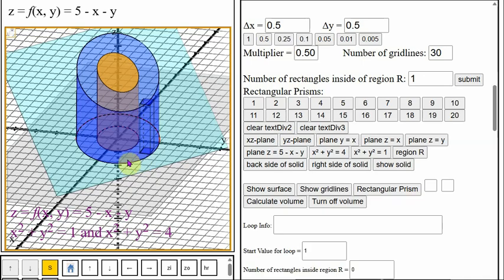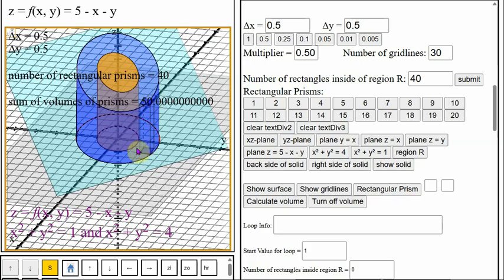And so now I'm going to calculate the volumes of all the prisms that are inside of region R. And so if each rectangle has a width of 0.5 and a length of 0.5, then there are about 40 rectangles inside of region R. And so obviously many of the rectangles will be entirely inside the region R, and then some rectangles will be only partly inside of region R. And so there are approximately 40 prisms inside of region R, and the sum of the volumes of the prisms is 50.